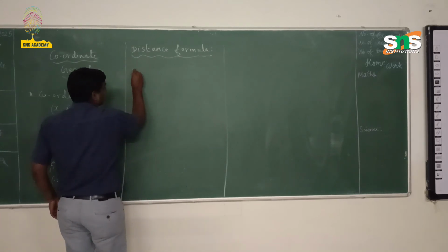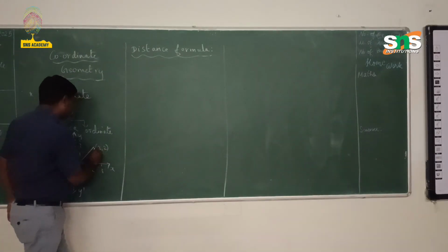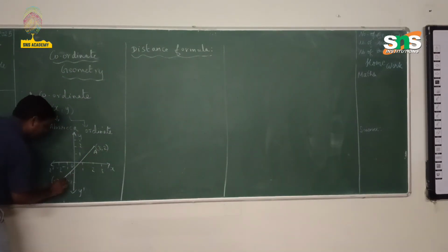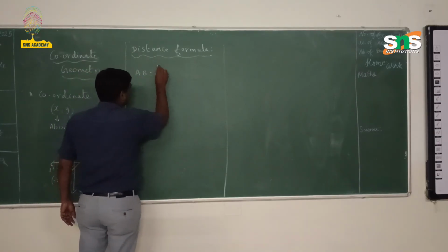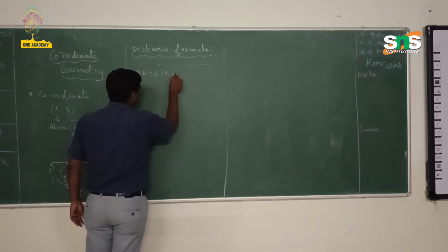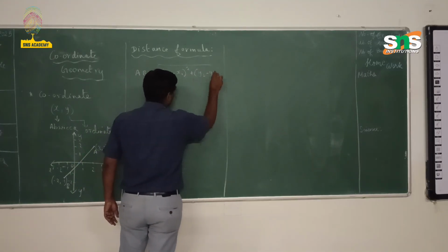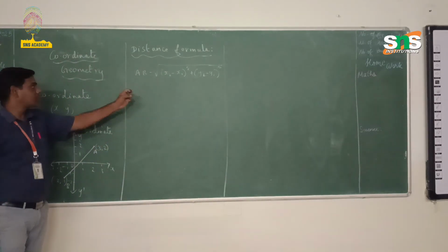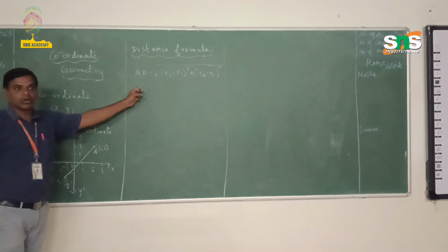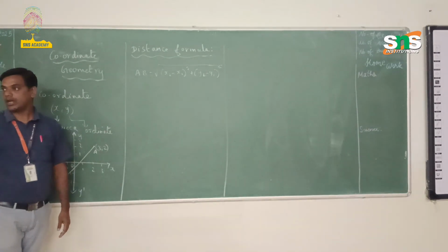Take the points as A and B. So AB is equal to root of x2 minus x1 the whole square plus y2 minus y1 the whole square. So this is the distance formula for finding the distance between two points.